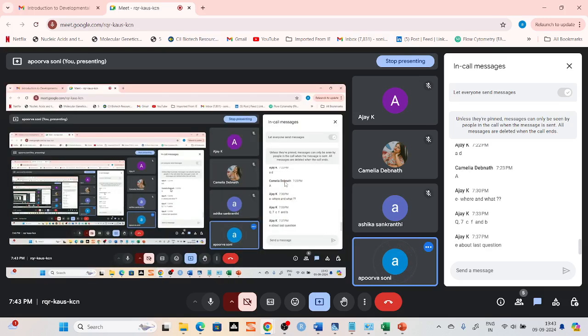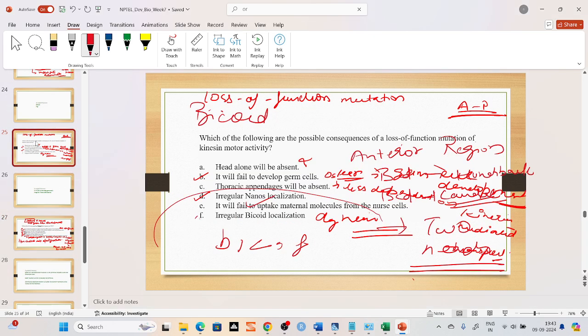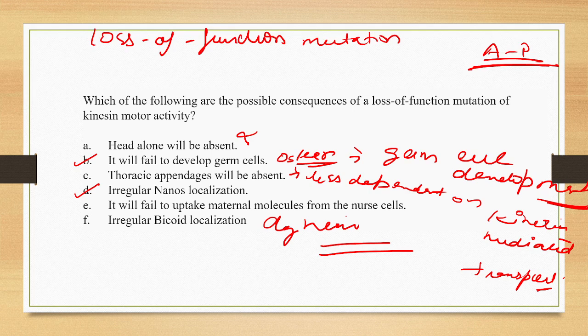Last question, E. It will fail to uptake maternal molecules from the nurse cell. What was the question? Kinesin. See, we know that the transport of molecules is mostly dependent on microtubules and motor proteins.